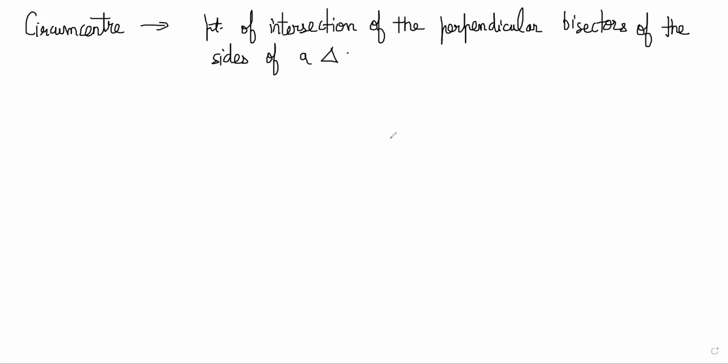You need to also realize that the circumcenter is a point that is equidistant from all 3 vertices. That's why it is the center of the circumcircle, right? From the 3 vertices of a triangle.